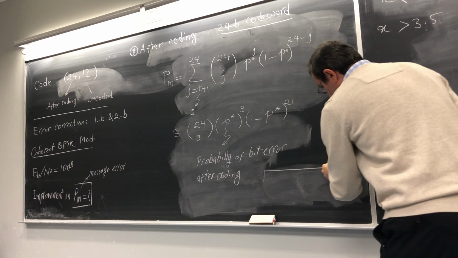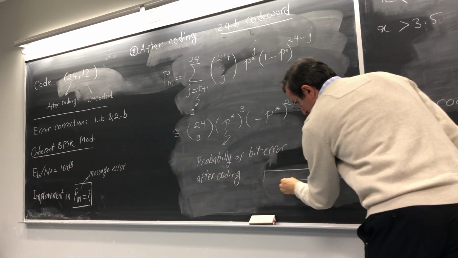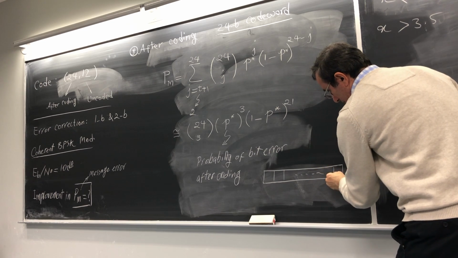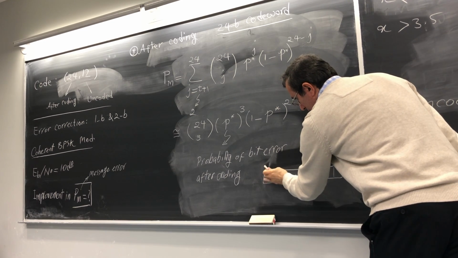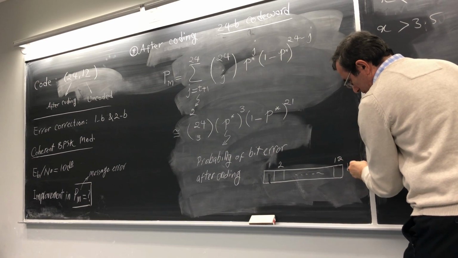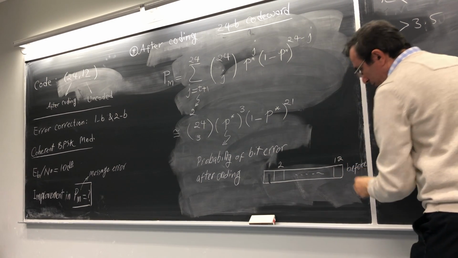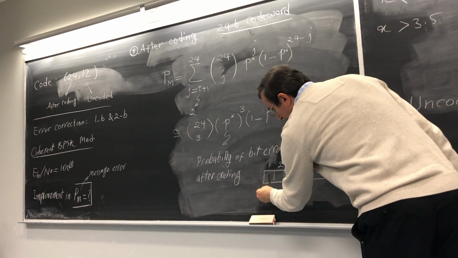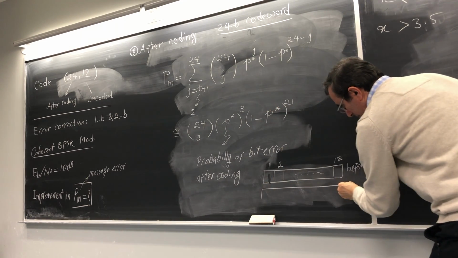What we should keep in mind is that before coding we had 12 bits, and now that is replaced with 24 bits.